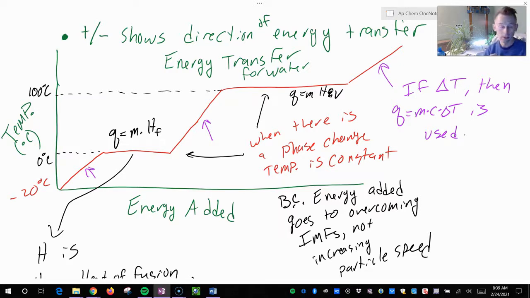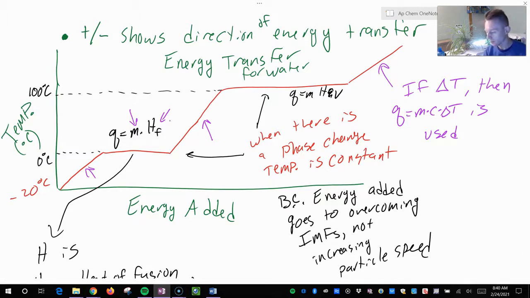If you're given a molar heat capacity, you're going to want to use the number of moles of the substance to do the calculation. Either way, the idea is the same. And the same thing goes for these M's. Sometimes they could be giving you number of particles, in which case it would be number of moles, and then the heat of fusion would be joules per mole instead of joules per gram. Anyway, I'll give you some examples here in a second.